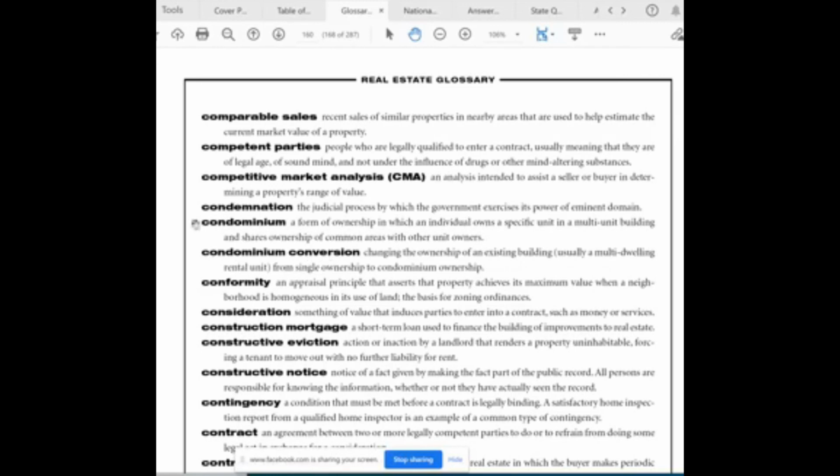Condominium conversion. Condominium, a form of ownership in which an individual owns a specific unit in a multiple unit building and shares ownership of common areas with other unit owners. So in a condominium, the individual buys home insurance for their unit only, inside.